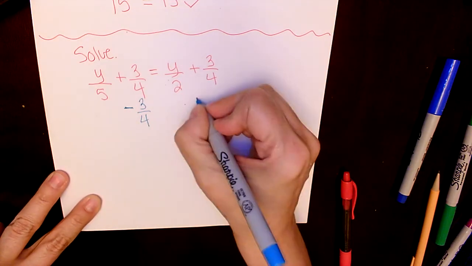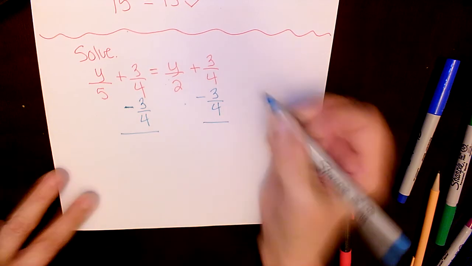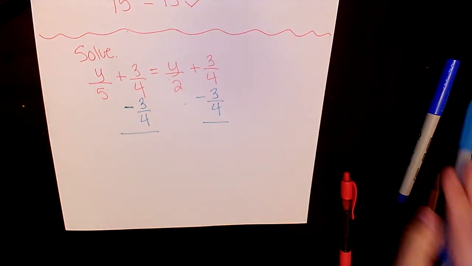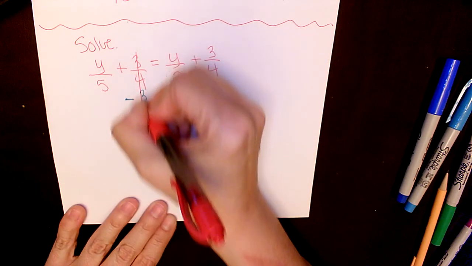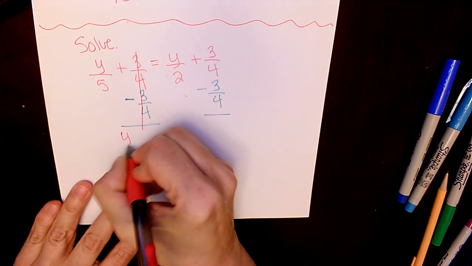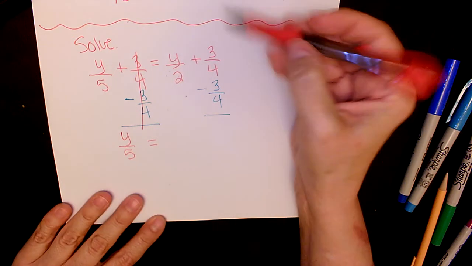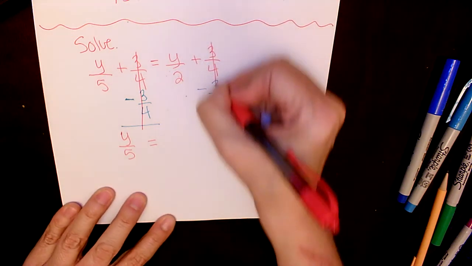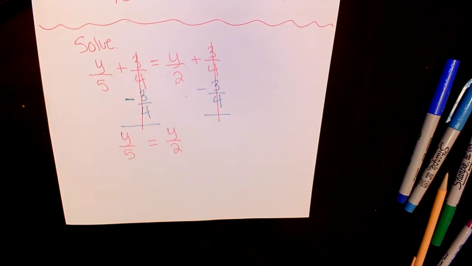Okay, that's better. Okay, so 3/4 minus 3/4 gonna go. I've got y over 5 is equal to, and on this side they're also going to drop out, so this is going to be equal to y over 2.